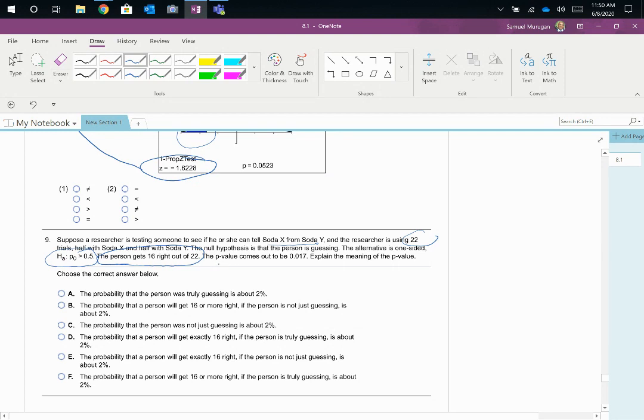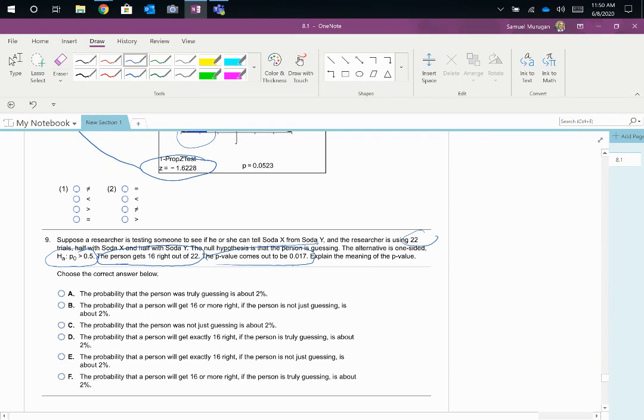The p-value comes out as 0.017. Explain the meaning of this p-value. So this p-value is the probability that that person will get 16 or more right if the person is really guessing. Okay?